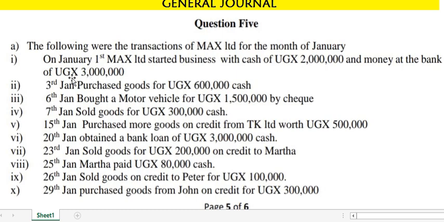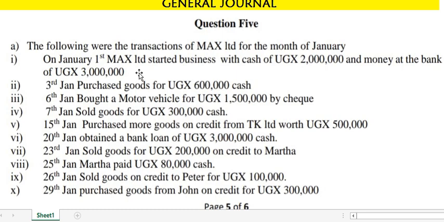When you look at the first transaction, on 1st January, Max Limited started business with cash 2 millions and money at the bank 3 millions. The money you start the business with is referred to as capital in this case.